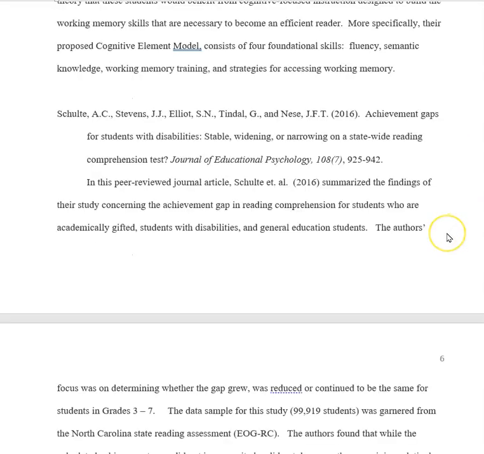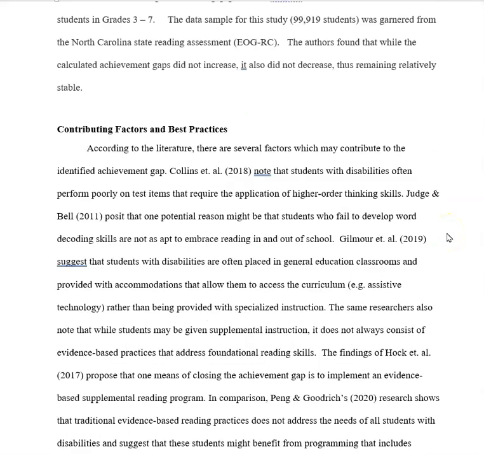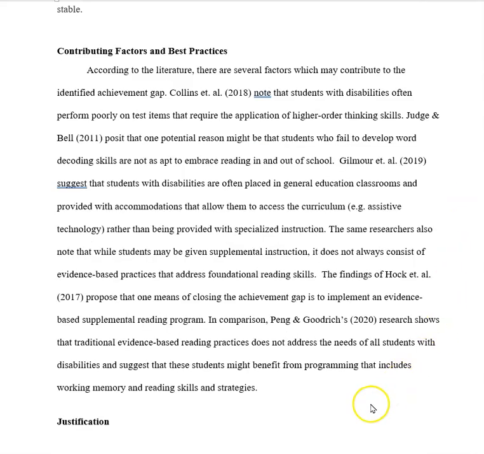All right, then we're going down to the final two sections in your assignment. This is contributing factors and best practices. The contributing factors are the conclusions and support of your achievement gap.